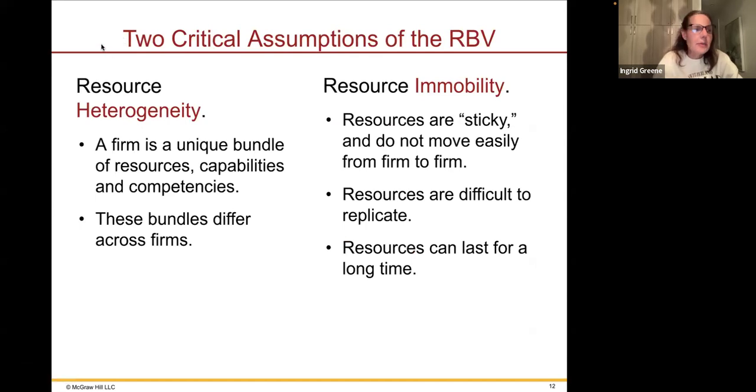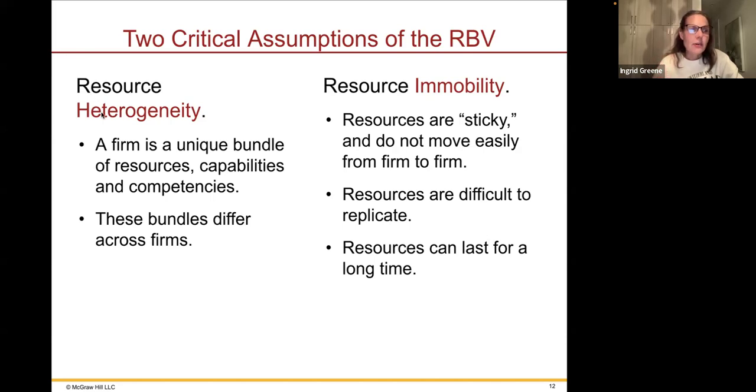And so, coming back to the theory here, there are two critical assumptions of the resource-based view. And so we just need to understand that when we look at this view of honing in on what the resources are, we're assuming a few things. The first thing is that there's heterogeneity.